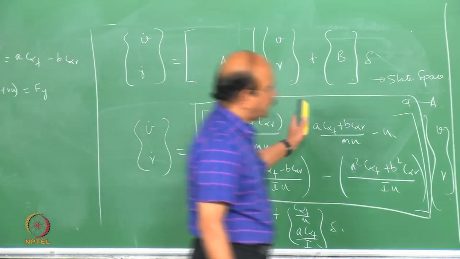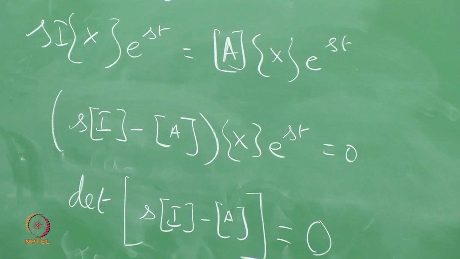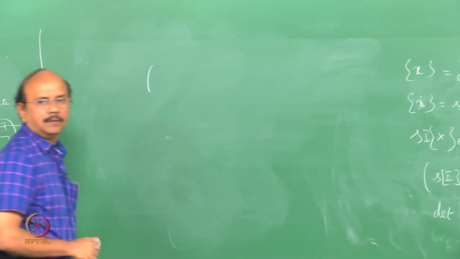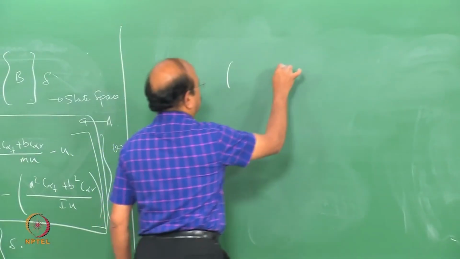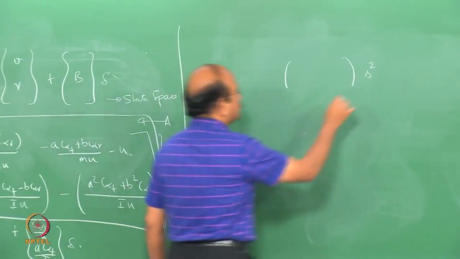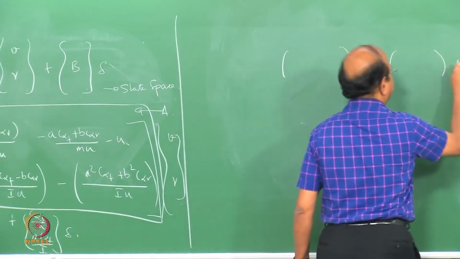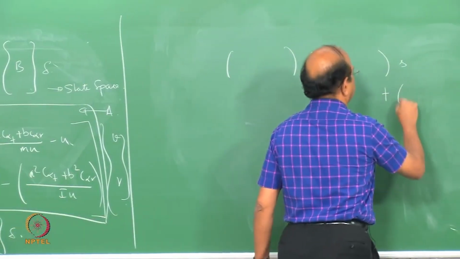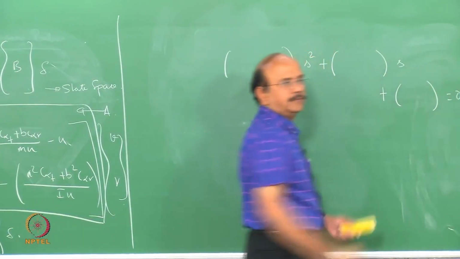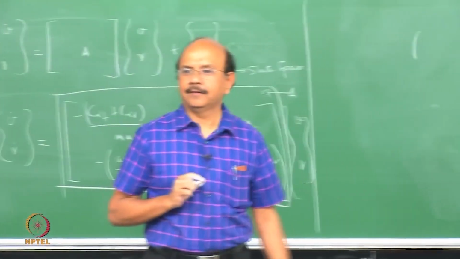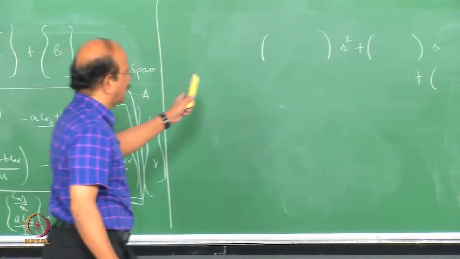What I'm going to do is substitute that A here and expand it and write down some quantity of s squared plus some quantity of s plus some quantity is equal to 0. What are those things? We will do that in the next class. Just quickly, so that you don't have confusion as to what I'm doing, I'm going to write this down like this.